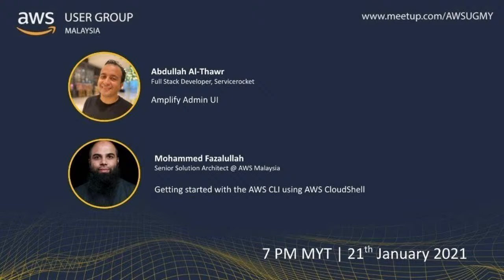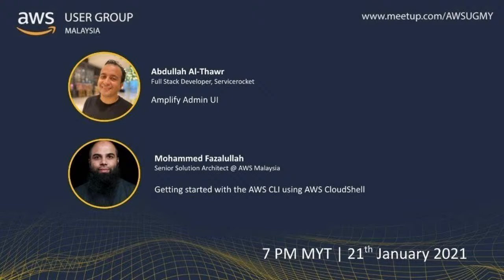Today we have two awesome speakers. We have Abdullah, who I think is coming for the second time; before that, he gave an awesome talk we all enjoyed. Abdullah is working with Servicerocket, which is famous for its strong DevOps team.